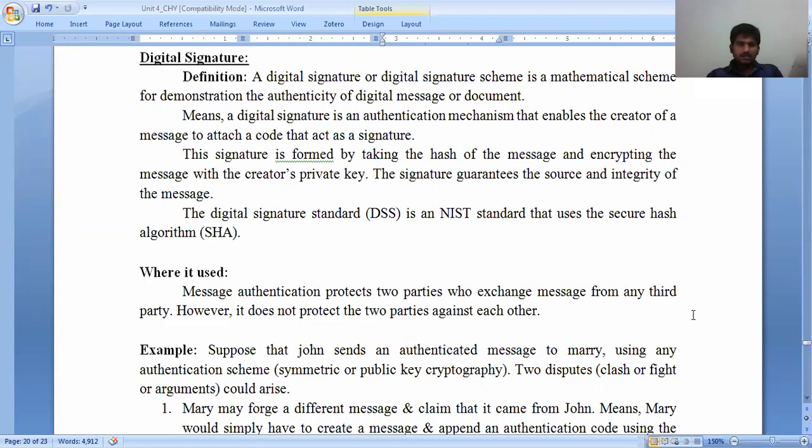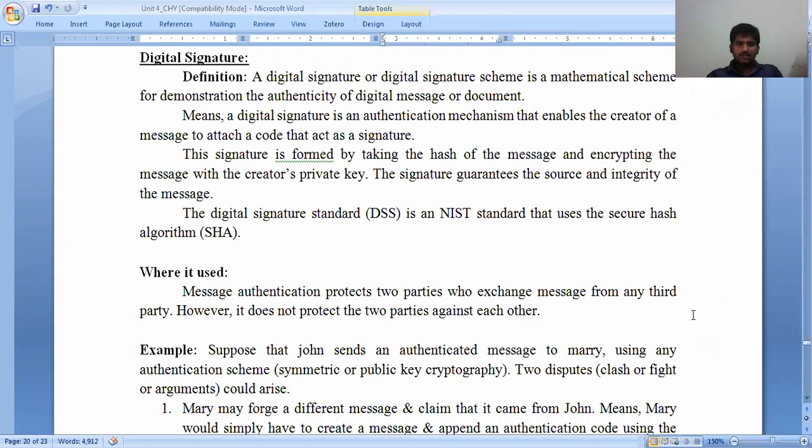A digital signature is an authentication mechanism that enables the creator of a message to attach a code that acts as a signature. So we attach one code to that message, and that code acts as a signature.